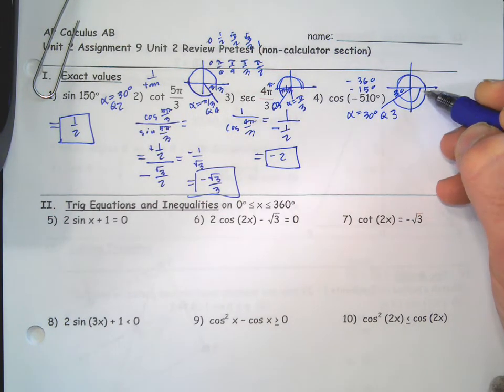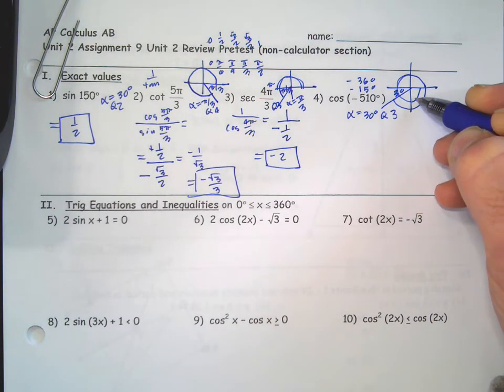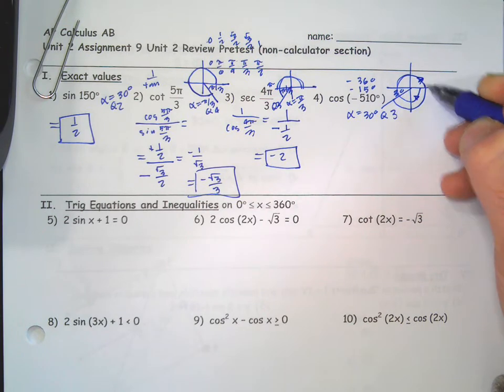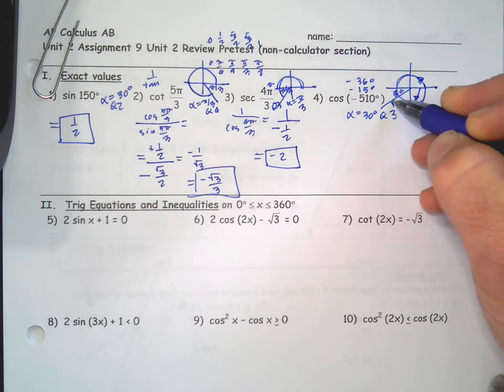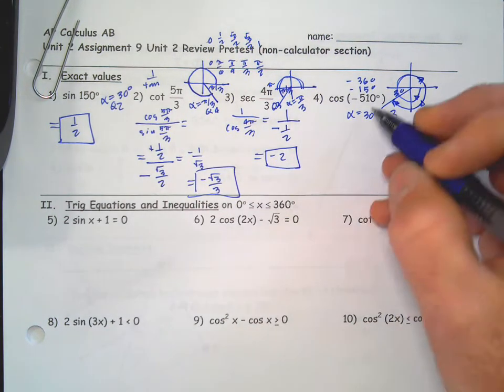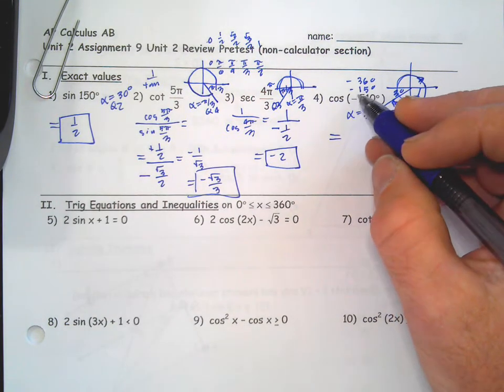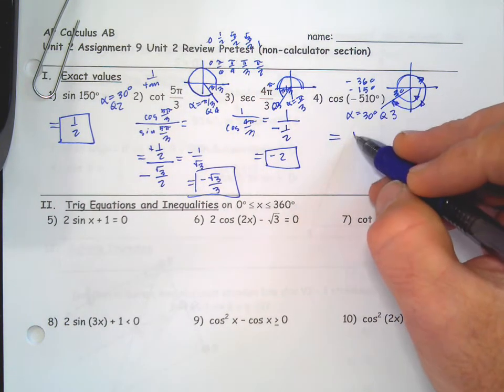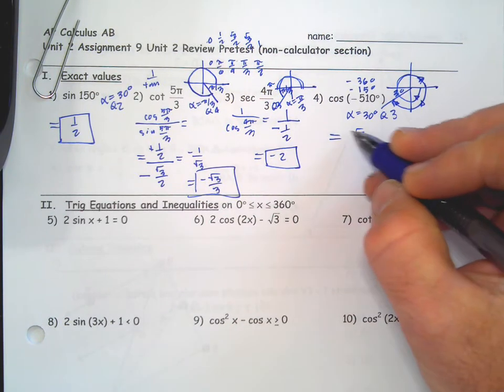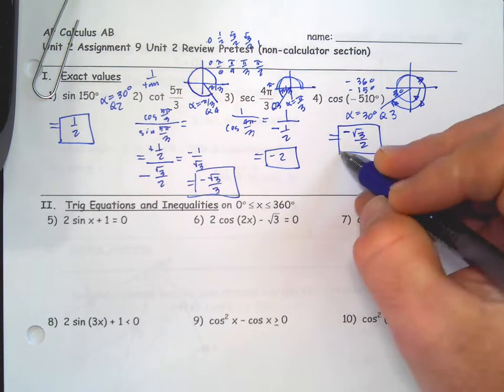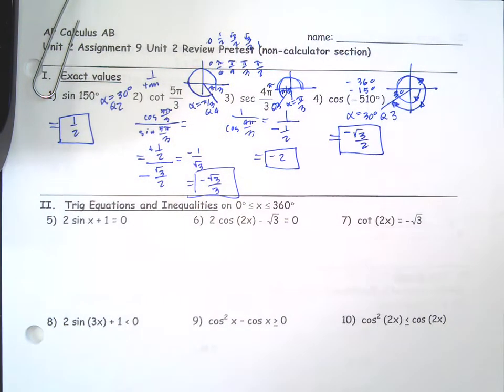You have to go backwards because of the negative angle, right? So cosine of 30 degrees, that's a smaller angle, root 3 over 2, you're in quadrant 3, so it's negative. Done. Okay? All right, so there's those questions.